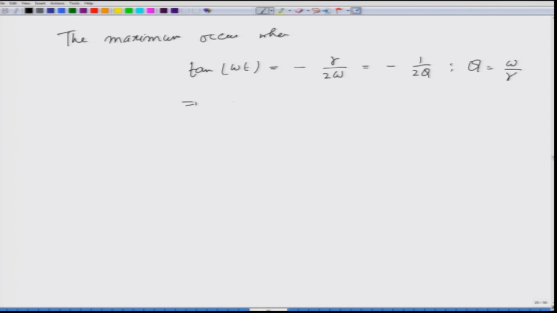And this immediately tells you that omega t is going to be equal to 2 pi minus 1 over 2Q. In writing this, I have made the approximation that gamma over 2 omega is much less than 1, and therefore tan omega t can be written as omega t. Otherwise the maximum would have occurred at 0, 2 pi, 3 pi, 4 pi and so on. Now, this maximum has advanced by a factor 1 over 2Q.